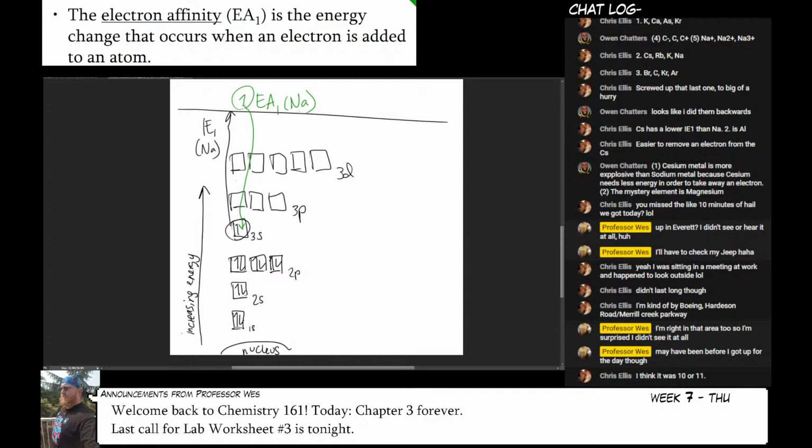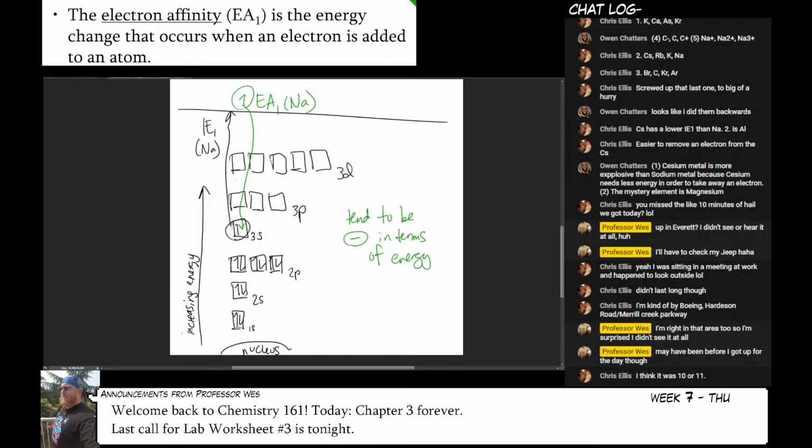Now, depending on where we are putting the electron, it will either stick, and we will get some amount of energy back. So electron affinities tend to be negative in terms of energy, because the electron is falling.